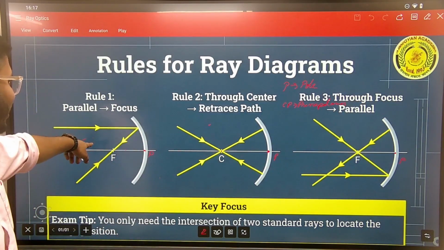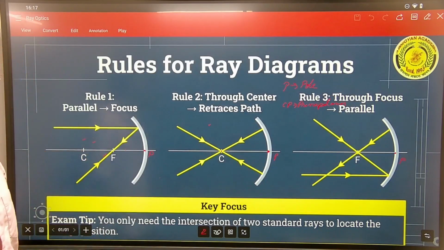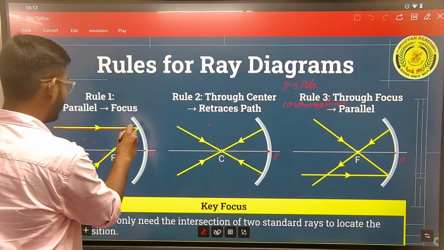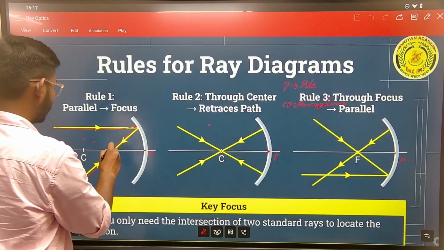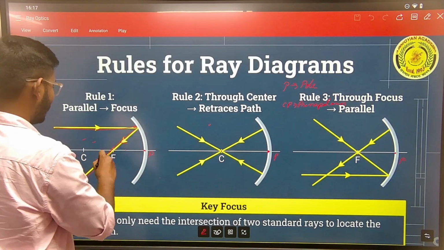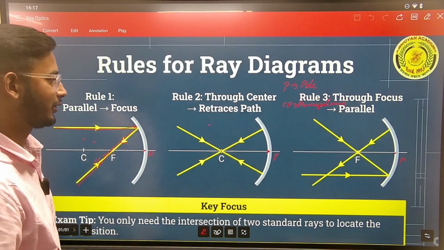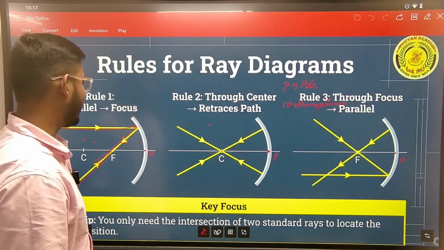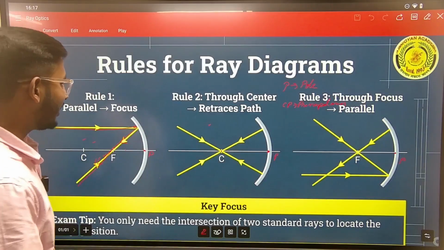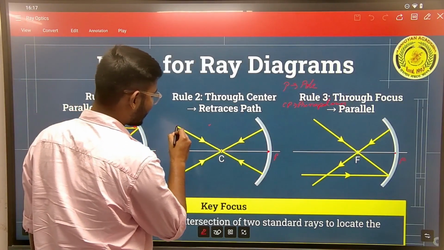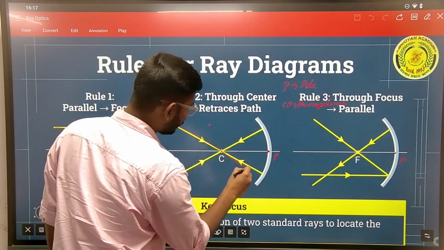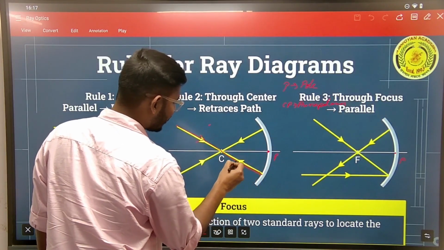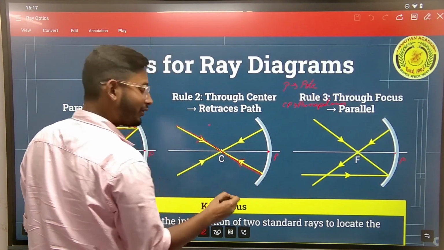You see the first diagram, the rays which are parallel to the principal axis, after reflection, they go through the focus. The second rule is that if the incident ray goes through the center of curvature, after reflection it gets reflected along the same path.